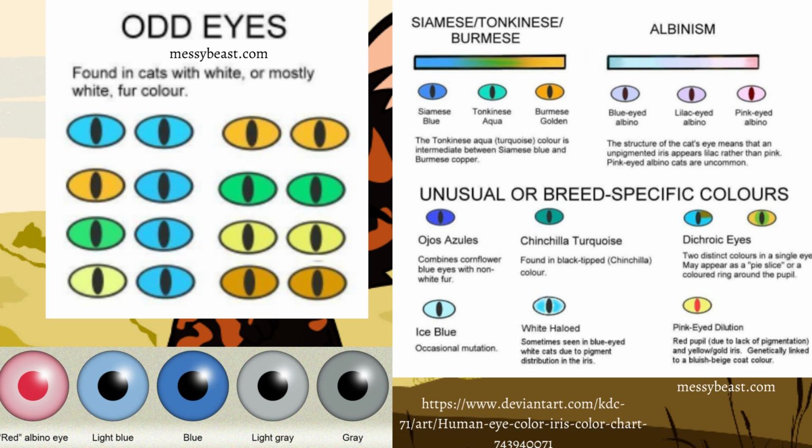Not nearly as common, but also still a thing in both cats and humans alike, and not too terribly uncommon either, is heterochromia. That is where you have one blue eye and one eye of another color, whether that's green or brown, amber, or somewhere in between those. As I understand it, one of the eyes must always be blue with odd eyes or heterochromia, and that is both in cats and humans.